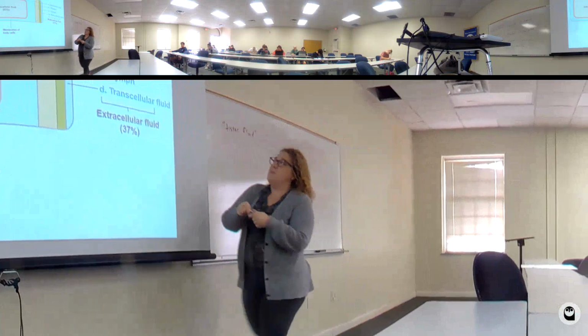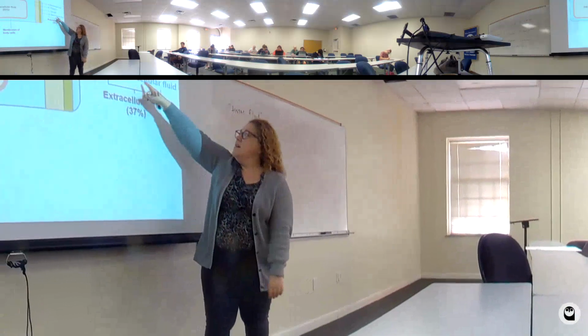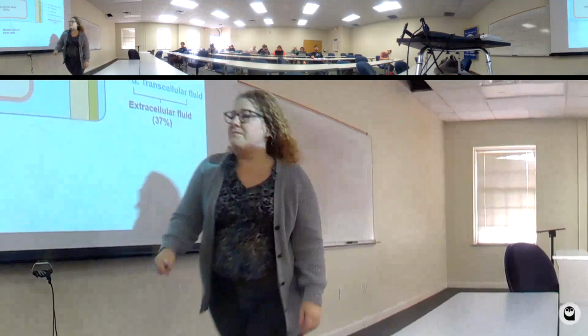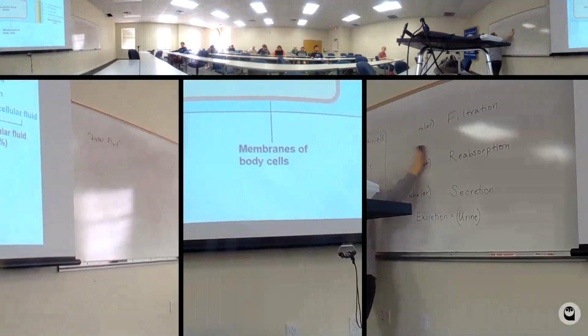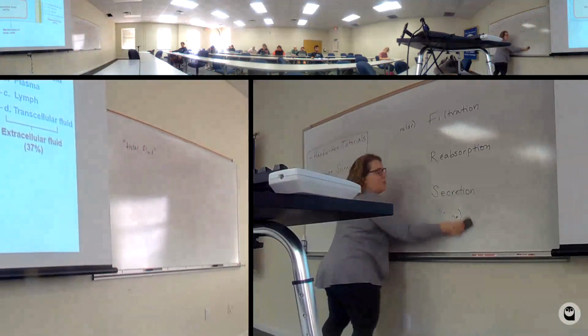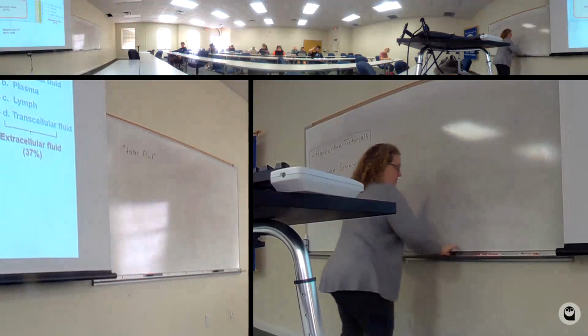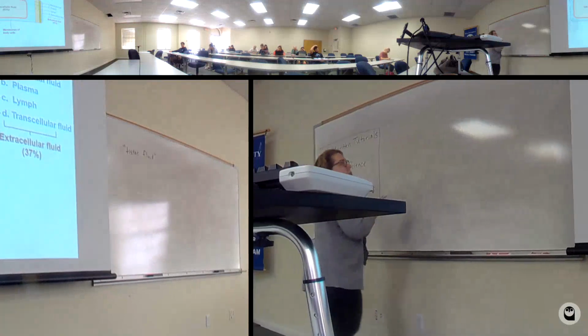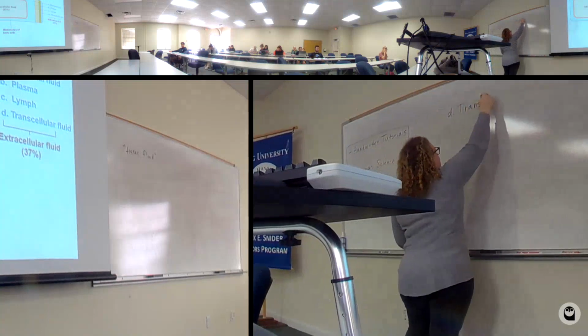Those three places we have talked about in this class, where there is water and it's moving this way and that way. This category catches a lot of other liquidy places in the body, and that's called transcellular. Within transcellular fluid, these are places where you would find that.